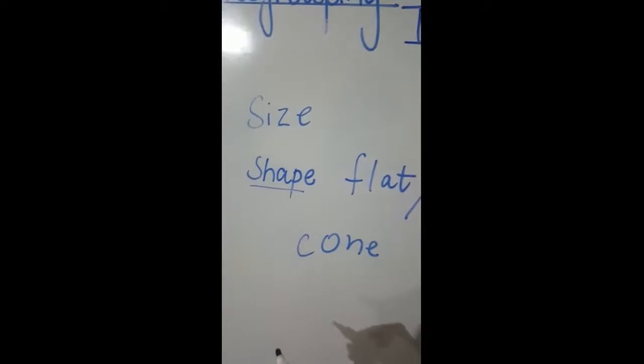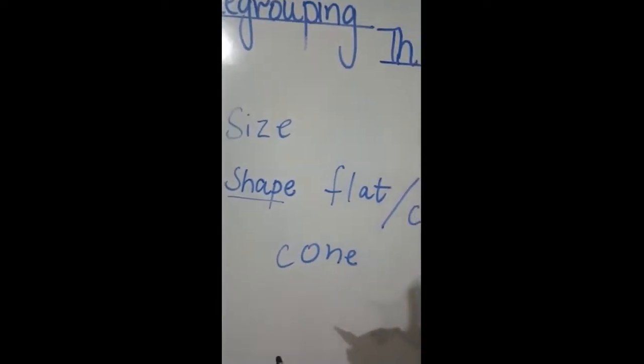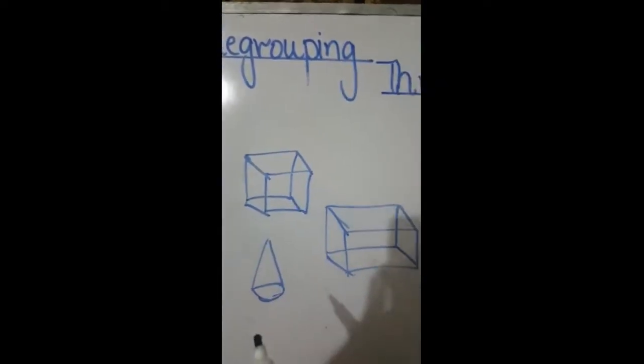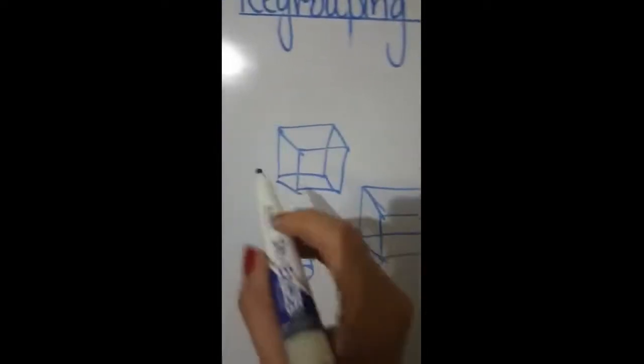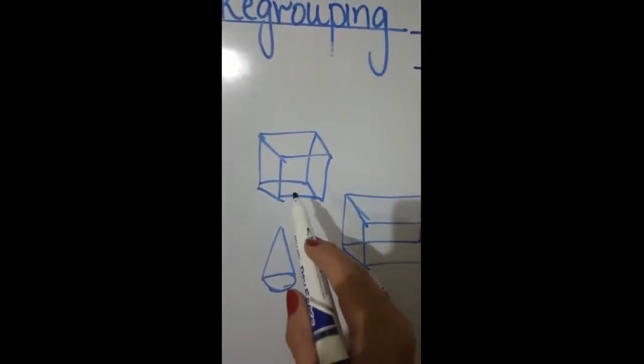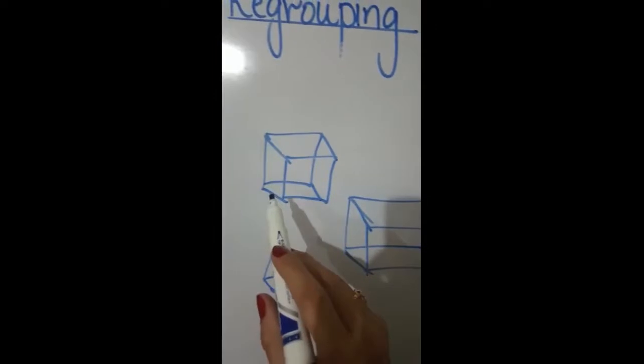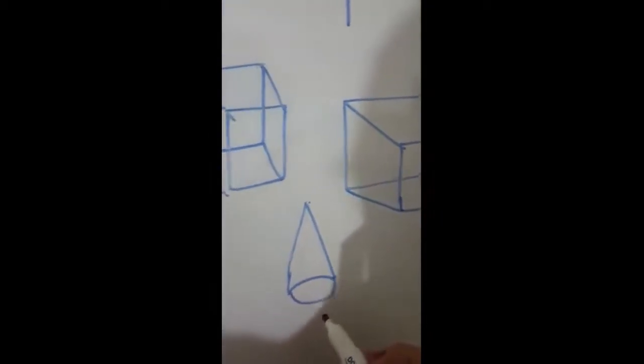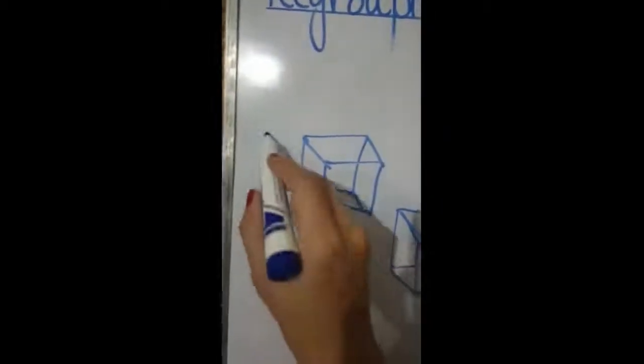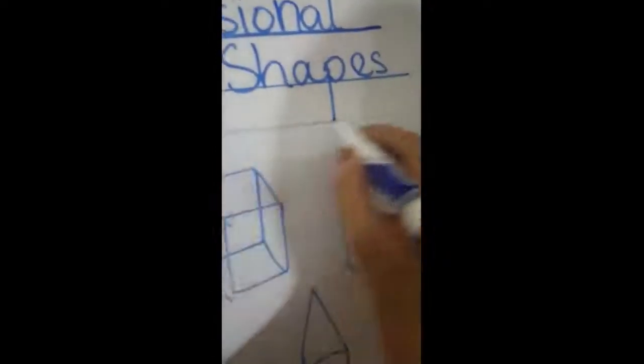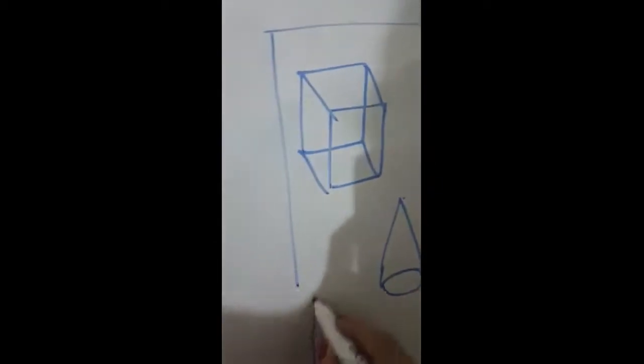Now I will explain with an example. I will tell you how I regroup these two groups. You can see this is a cuboid, cube and cone. Here is also cube, cuboid and cone. Now I am going to make a group of this and a group of this.